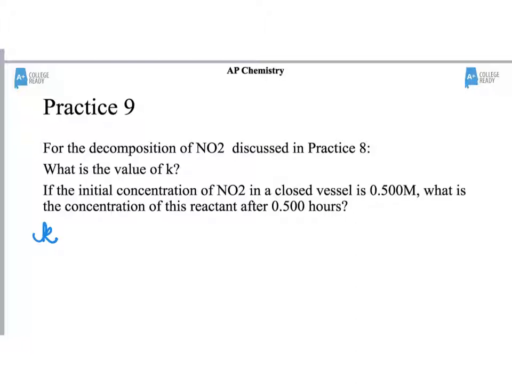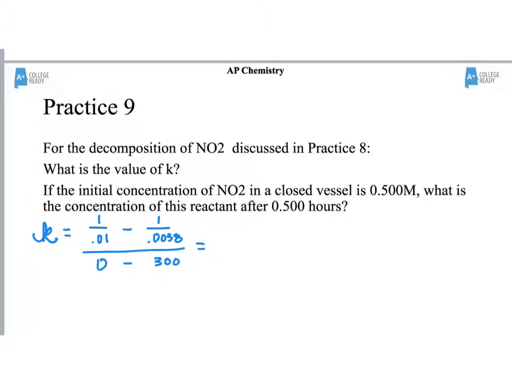Remember that our graph is the inverse graph, so we're going to say k is 1 over the initial concentration minus 1 over, and I'm just going to go all the way to the final concentration, divided by the initial time and the final time.